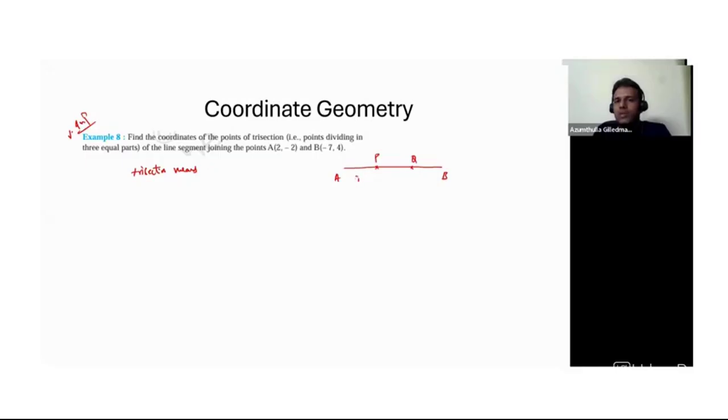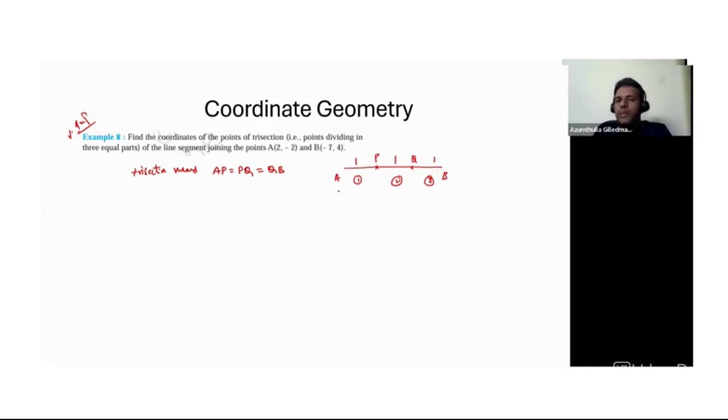Can I say this is 1 part, this is 2, and this is 3? So 3 equal parts. So that means AP equal to PQ equal to QB. And now how to find those points? That means, can I say these ratios are equal? AP, PQ, and QB are equal.